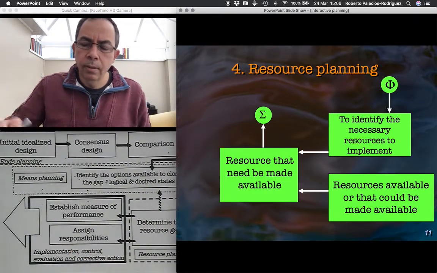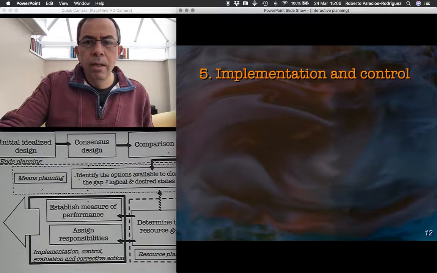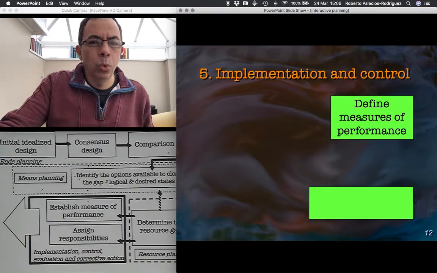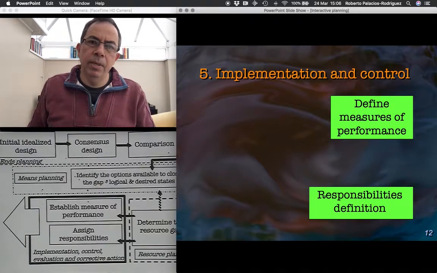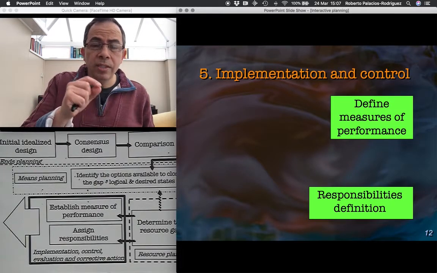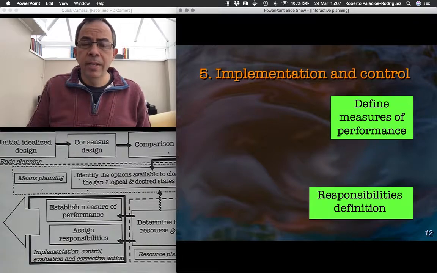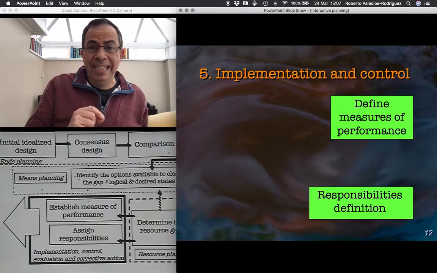control. And remember, in that stage of implementation and control, the main element is to determine who is going to do what, define responsibilities, what will be the time frame, what are the resources each person is going to require. It's very easy to say define responsibilities, but it is not as easy.